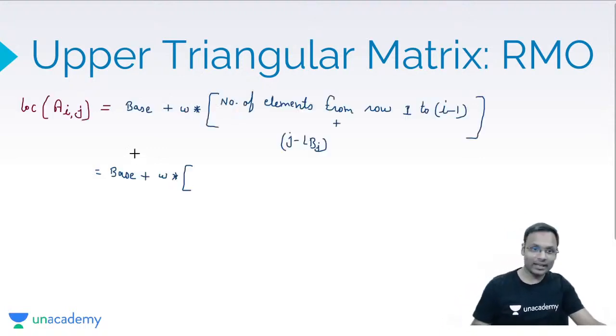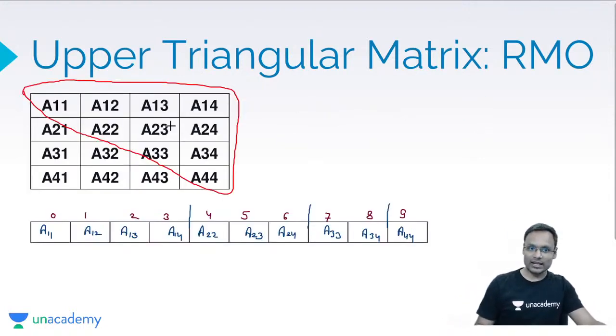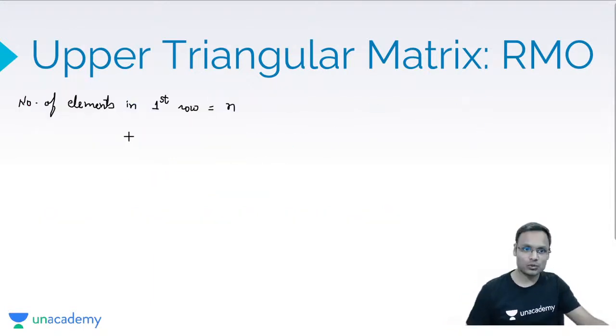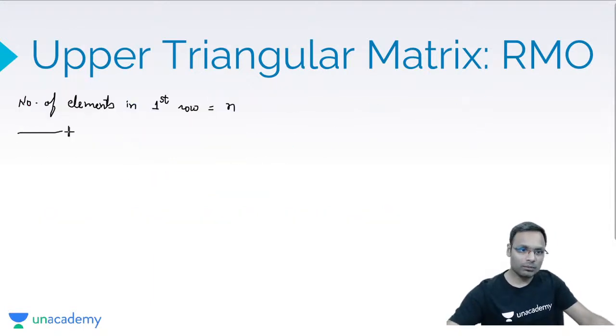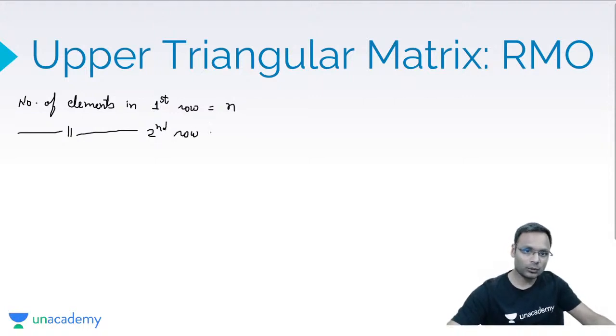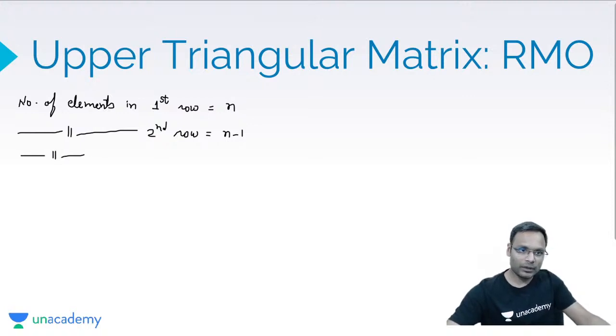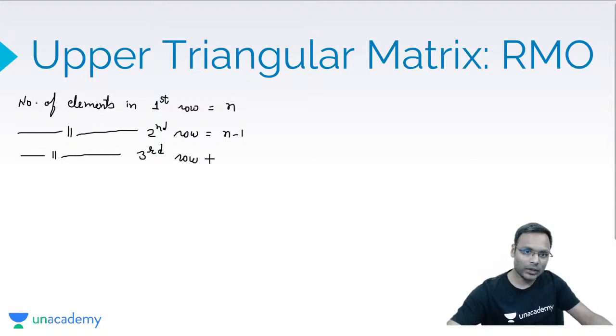Look at this: first row n, second row n minus 1, third row n minus 2. So the number of elements in the second row will be n minus 1, and in the third row n minus 2.